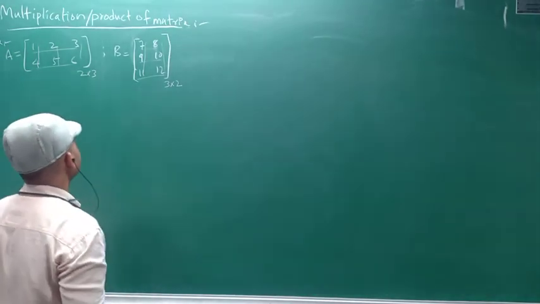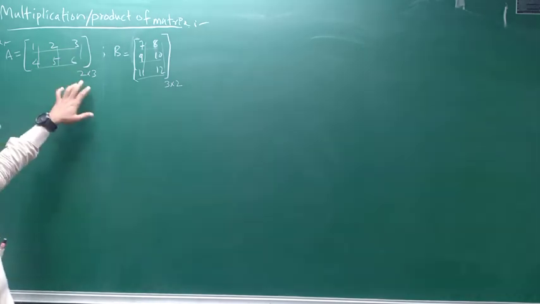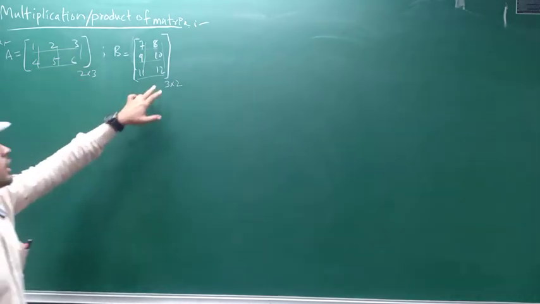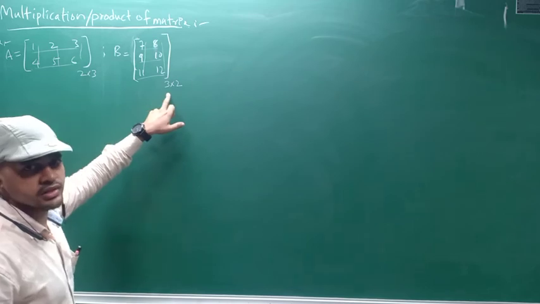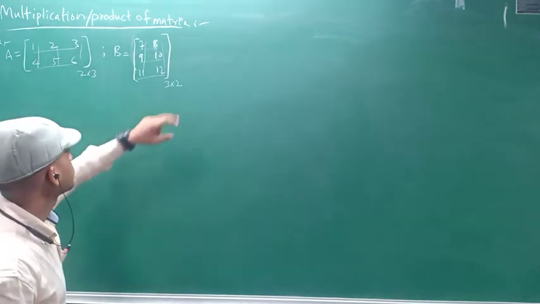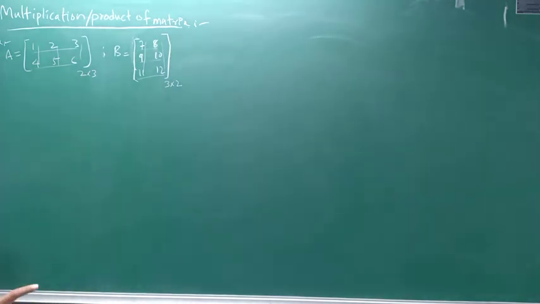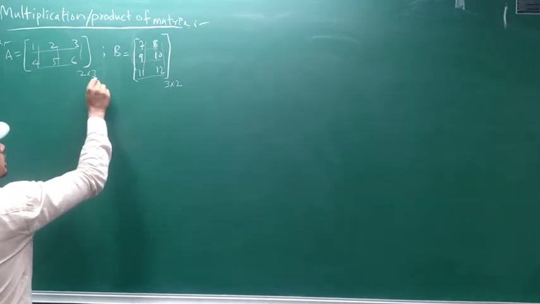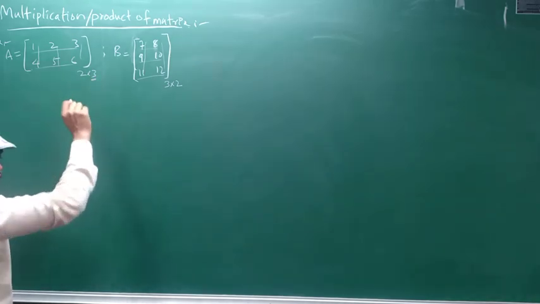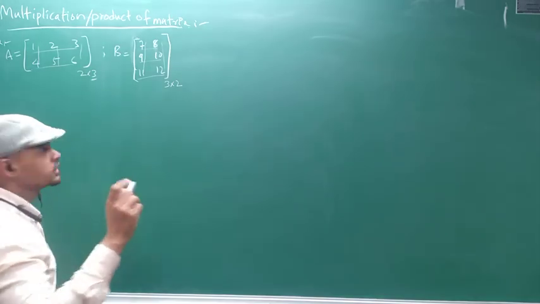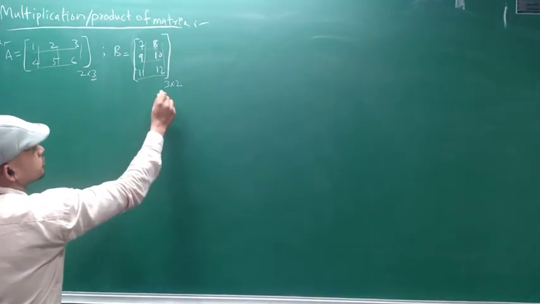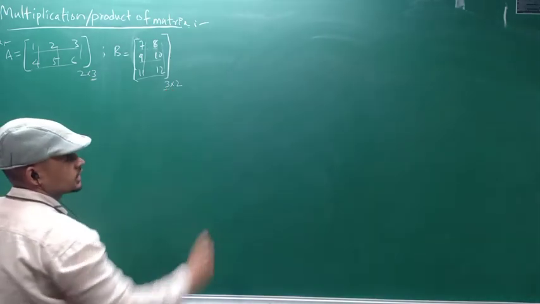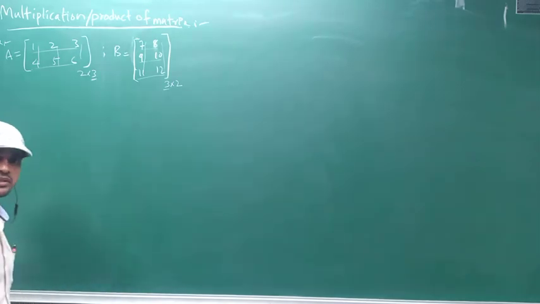Okay, so here we have two matrices, where the order of A is 2 by 3 and the order of B is 3 by 2. So the first thing we should keep in mind while multiplying two matrices is that the number of columns in matrix A, or the first matrix, must be equal to the number of rows in matrix B, or the second matrix.